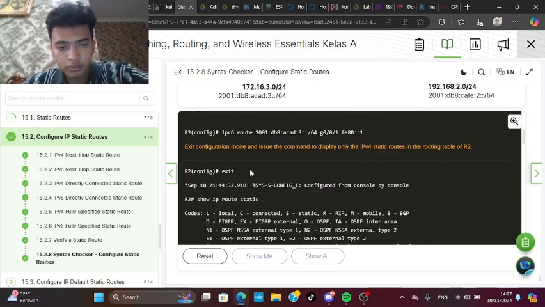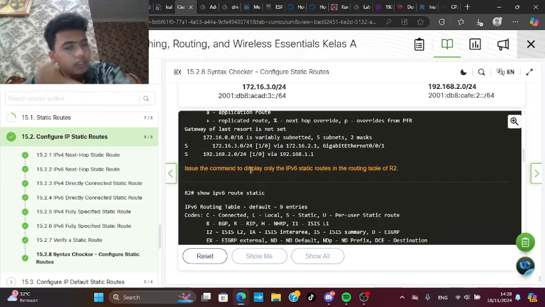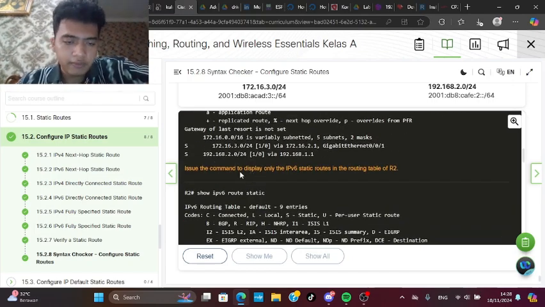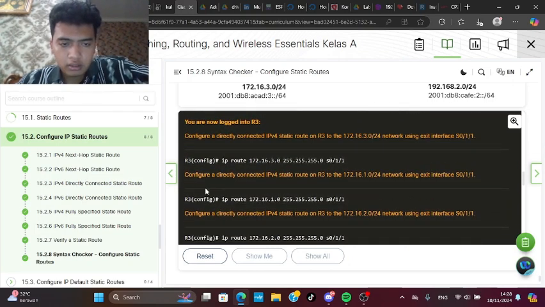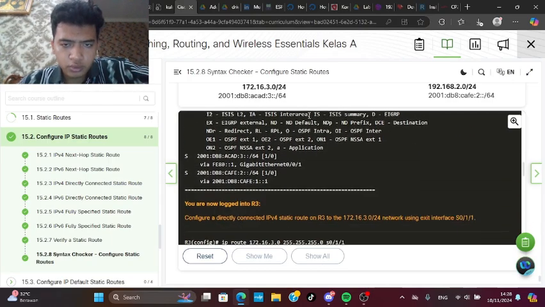Okay, so this one verifies IP version 4, and then we have the IP version 6 type, which is show ipv6 route static. As we can see here, now we use router 3, we create an IP route to router 2.